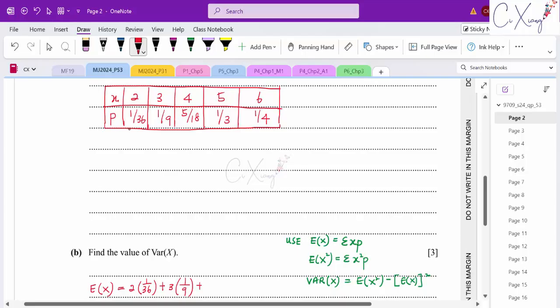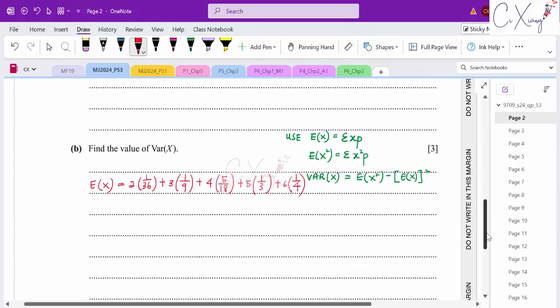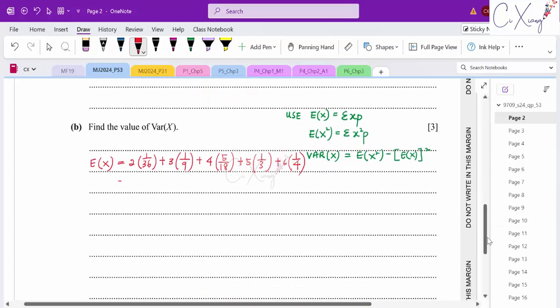Then the next x is 4, multiplied with 5 over 18, and you add all the remaining cells by multiplying the x with the probability. Then just use the calculator to simplify the answer for the expected value of x. By right, you should be having 14 over 3.